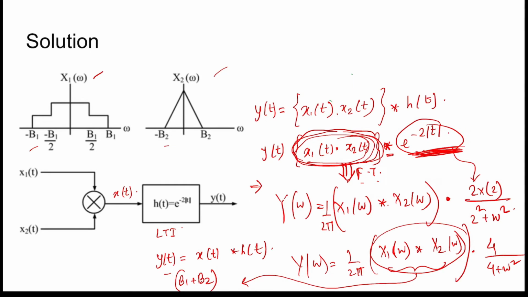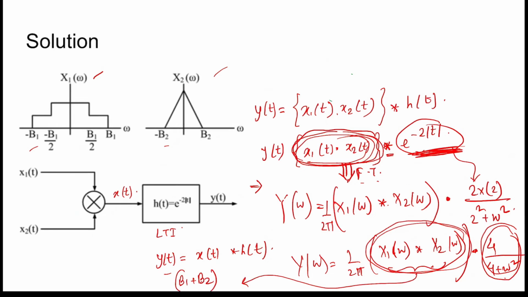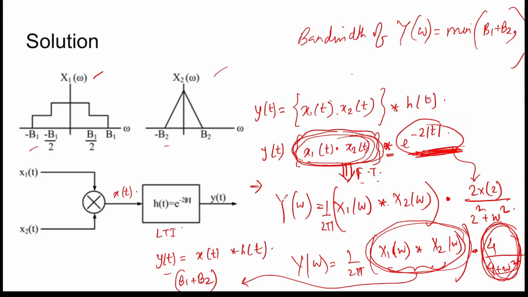Now this signal is multiplied with the 4 by 4 plus omega square signal. Convolution in time domain means multiplication in frequency domain, so the minimum of the bandwidths will come. So the bandwidth of Y(omega) equals the minimum of B1 plus B2 and the bandwidth of this signal.